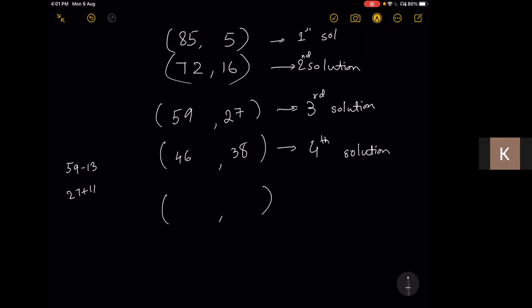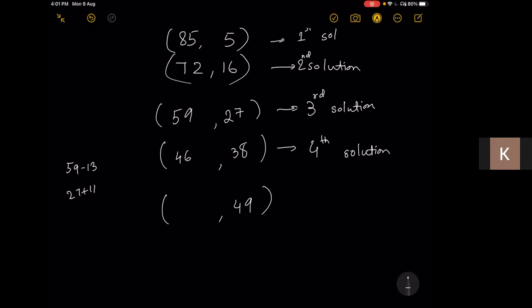Yes, you are right. Like we can form a general term for y, which is 5 plus 11d. That is exactly what we are doing now.